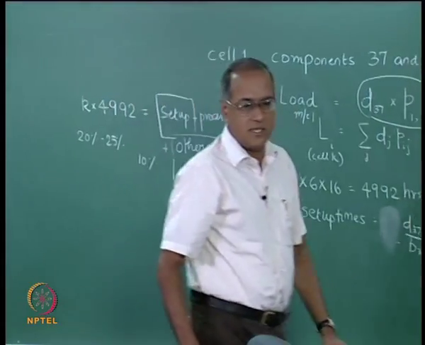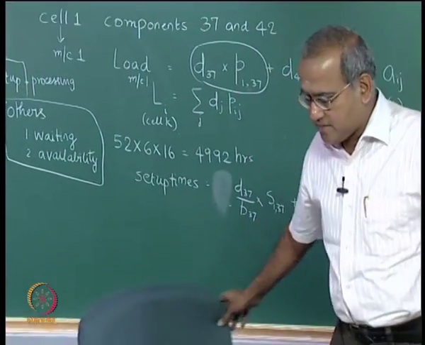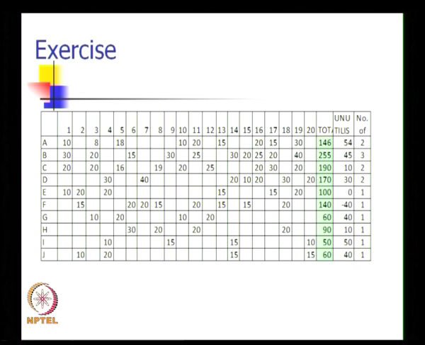For example, this number 8 represents that component number 3 visits machine A, and the volume of component number 3 multiplied by the processing times of component number 3 divided by 4992 is 0.08. 8% is 0.08.